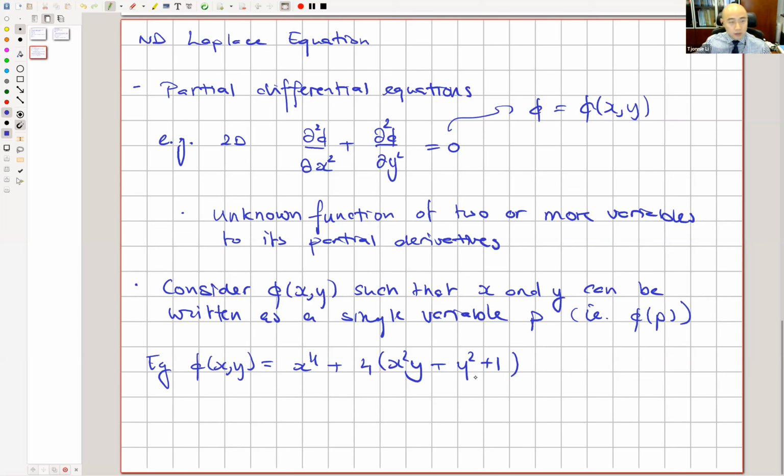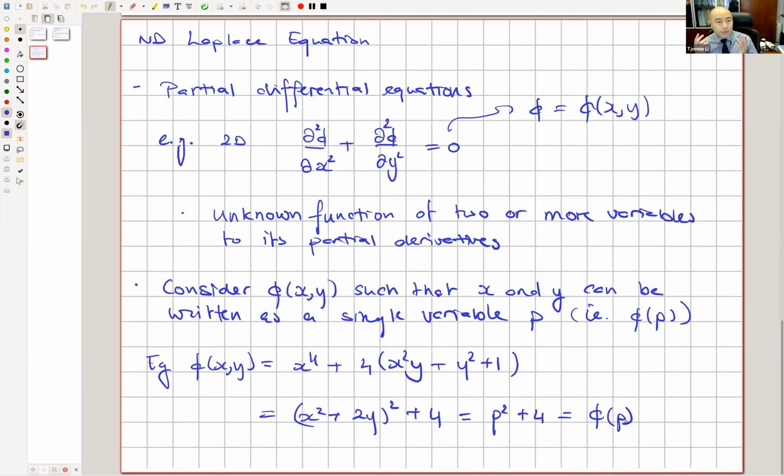Okay, so Ao Ming is saying that I can rewrite this, correctly, as (x squared plus 2y) squared plus 4. So then I can just simply change this into p squared plus 4, just φ as a function of p.